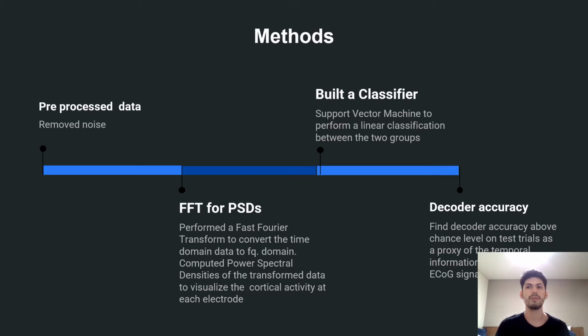Some obvious differences between these two were noted, and a support vector machine was created, which is a supervised learning model used for binary classification of two blocks. Then decoder accuracies were compared at different time windows of the 3000 millisecond trial to understand when the difference between the overt and imagery arises.